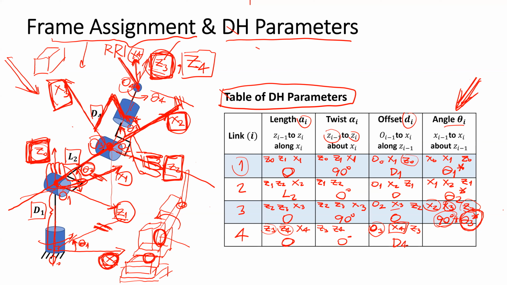So that offset is D4. The last link's angle is measured from X3 to X4 about C4. If we measure about C4 and find the angle between X3 and X4, we have theta 4.